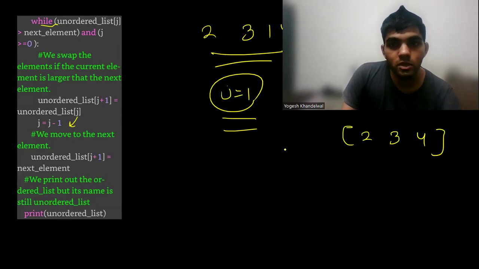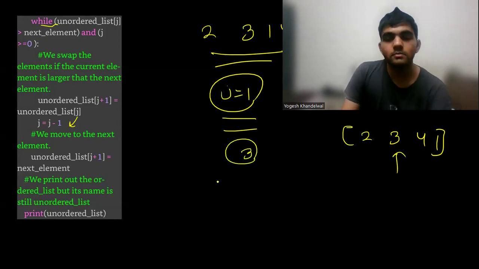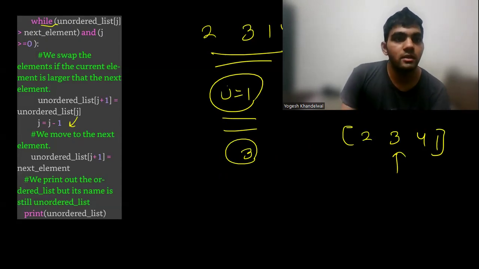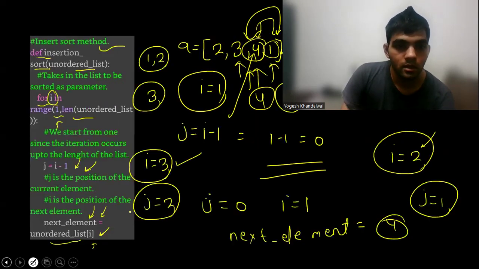So unordered list of index 1 is equal to 3. So it is 3, and the next element is here also 1. It is here we have defined that.